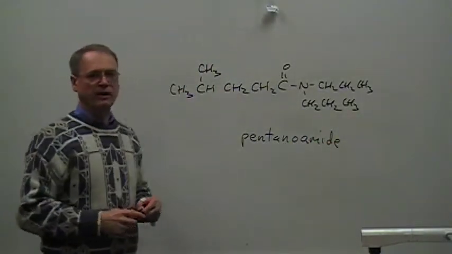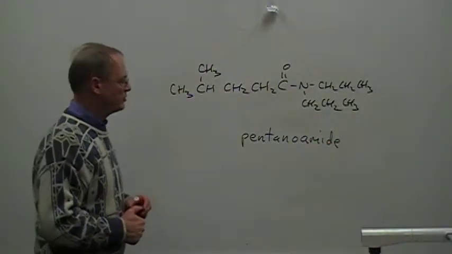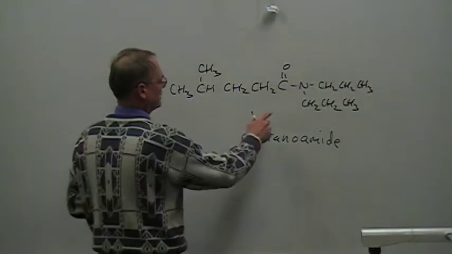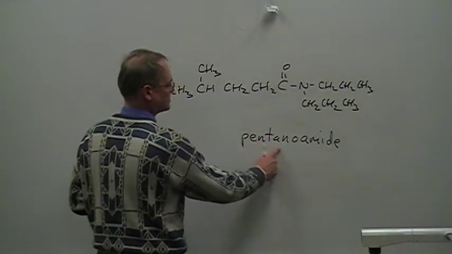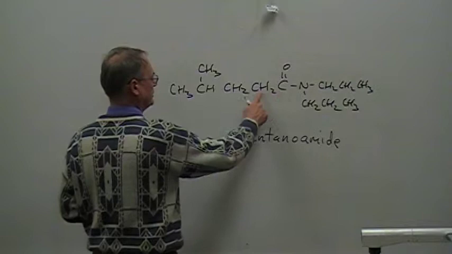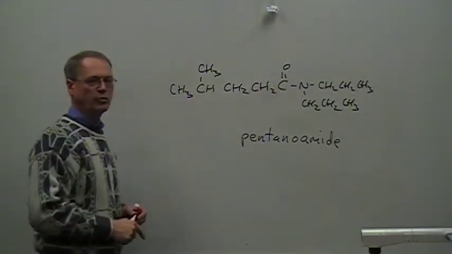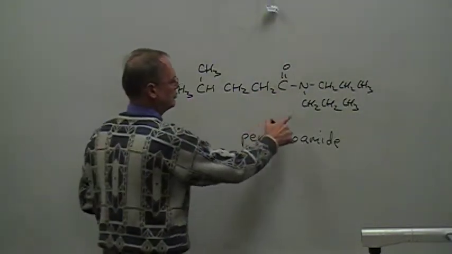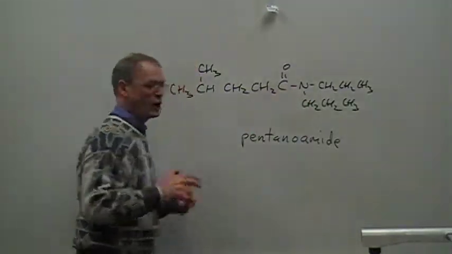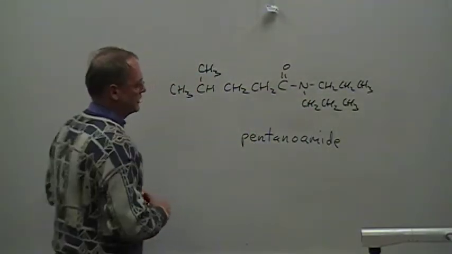And then it's just a matter of indicating what the groups are and where they're attached. We'll notice that in the IUPAC system, which is the name I'm using here, that's carbon number 1, 2, 3, 4. So we have a methyl group at carbon number 4. And we have 2 propyl groups at N. It's actually not a carbon, obviously.